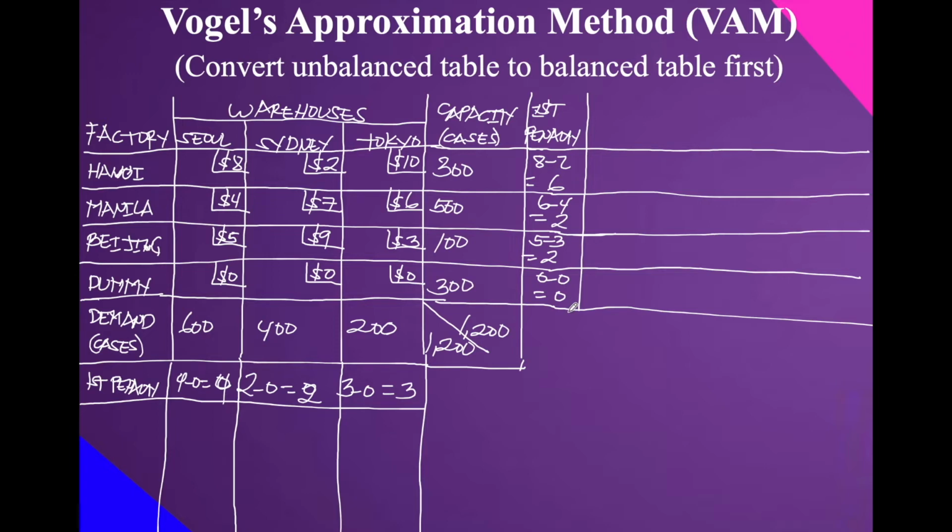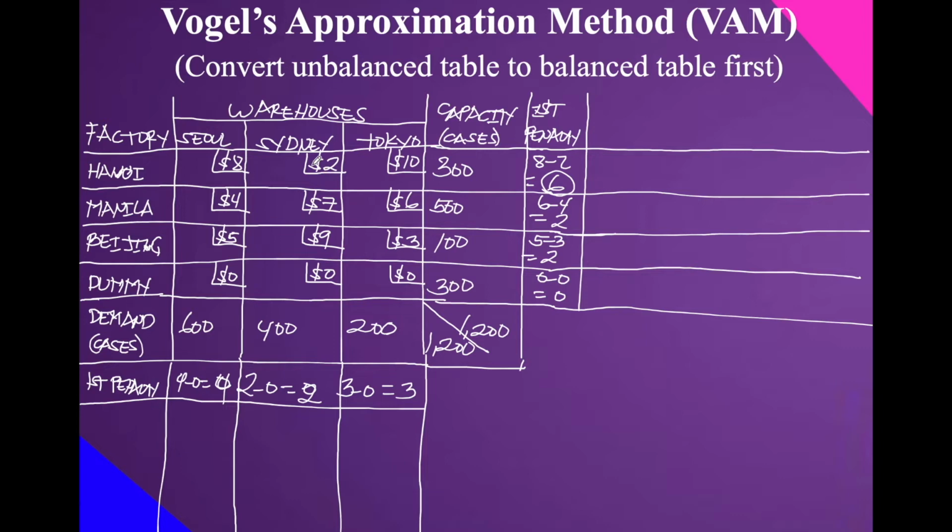So what we choose among these penalty points is of course the largest value, which is 6. That is what we choose. And for this 6, you look at this row, 8, 2, and 10. Now we choose the smallest, and that is where we place our first allocation. Among 8, 2, and 10, the smallest is 2.